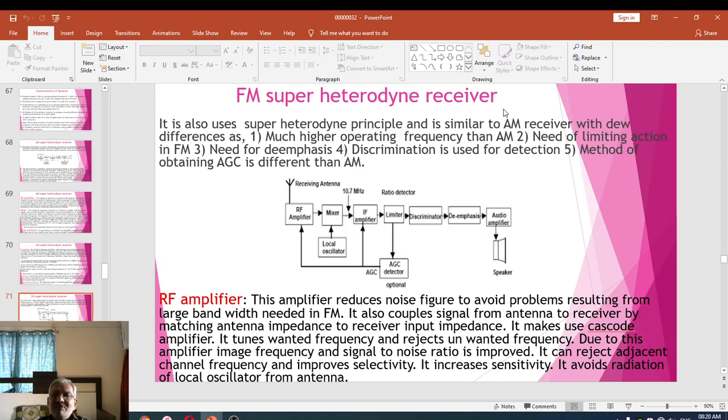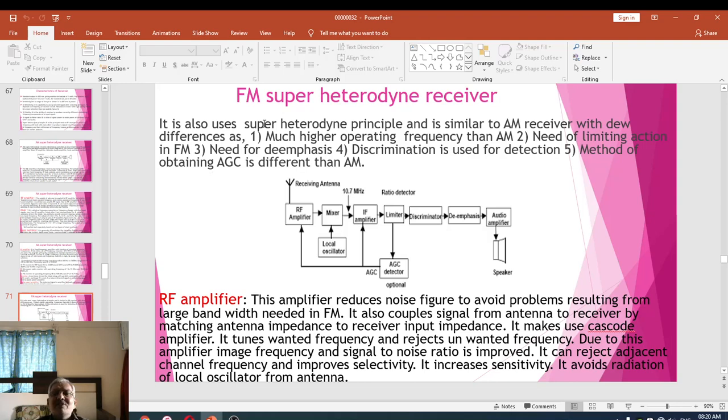It consists of a de-emphasis circuit. Next, it makes use of a discriminator for detection, and it makes use of an additional circuit known as the automatic gain control circuit, which is not present in AM. So with these differences, the FM super heterodyne receiver is the same as the AM super heterodyne receiver. Let us see the differences.